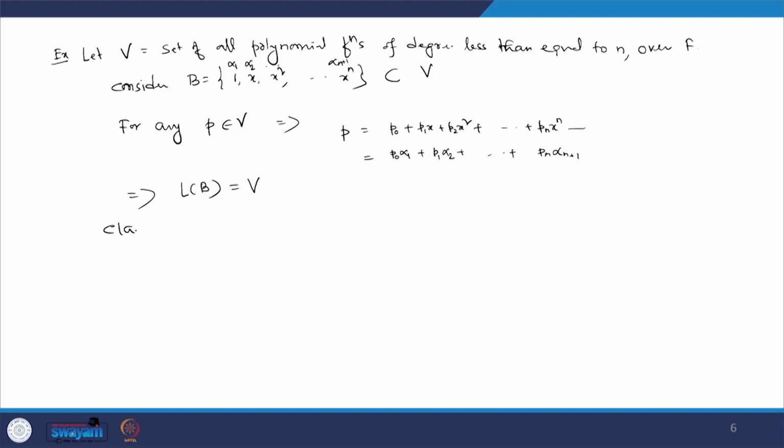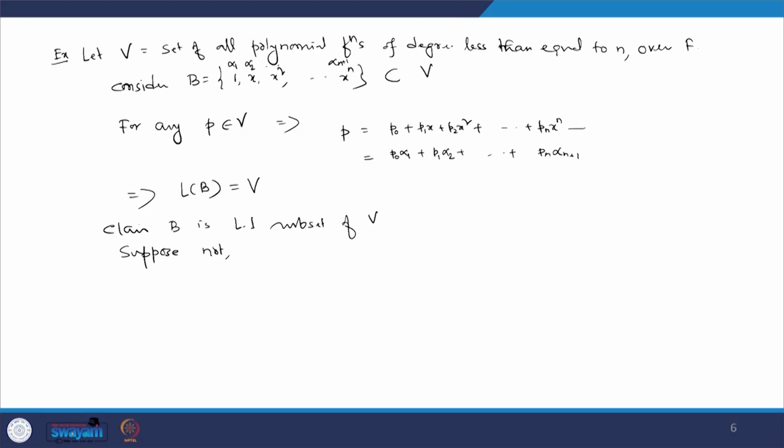Now, we claim B is a linearly independent subset of V. Suppose not, then I will have a linear combination of these elements equal to 0, where at least some coefficient is non-zero.